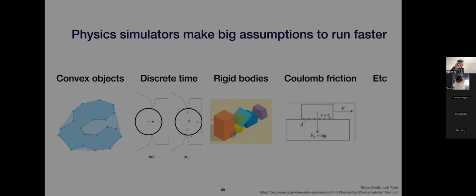So that's from the physics side. Which means no matter how good your simulators are, how much you invest into them, it's really hard to make them as realistic as the physics in the real world.